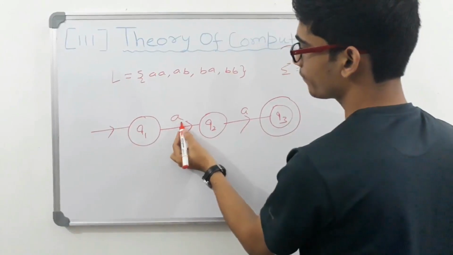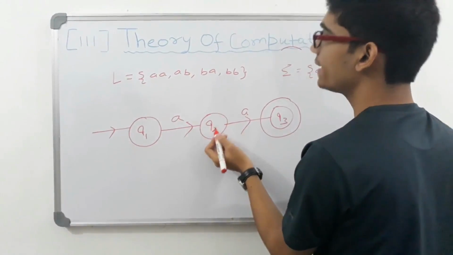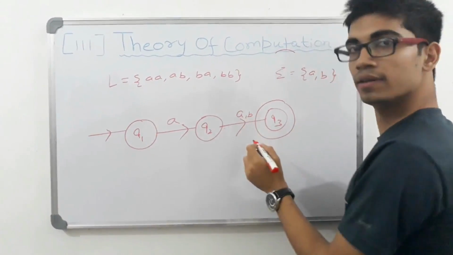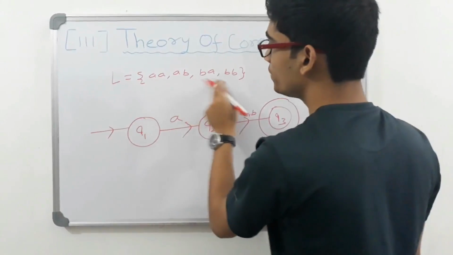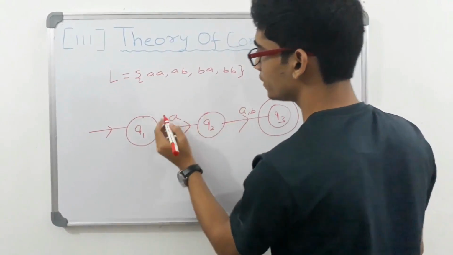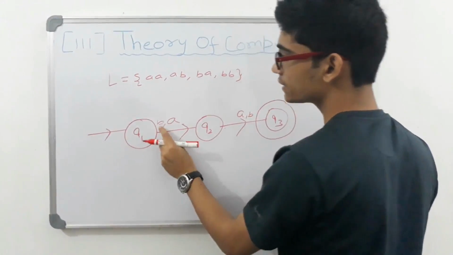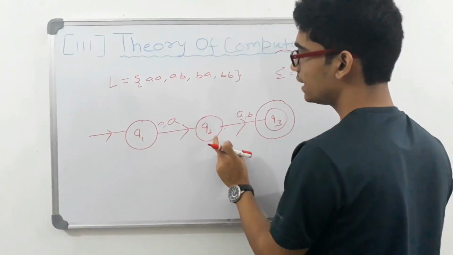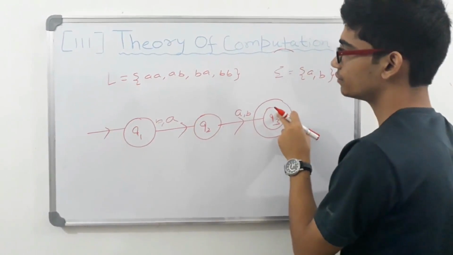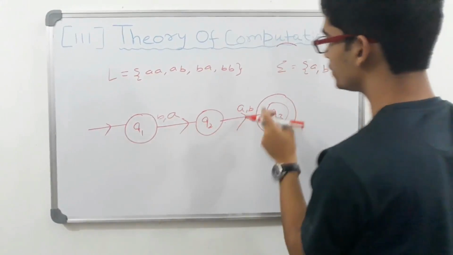So this is A, then at Q2, if I get a B, it must also be accepted. So I write B here. And what about BA? If we are at Q1 and we scan B, we get to Q2, and again from Q2 we scan A and we get to the final state Q3. Similarly, B and B can take you to Q3.